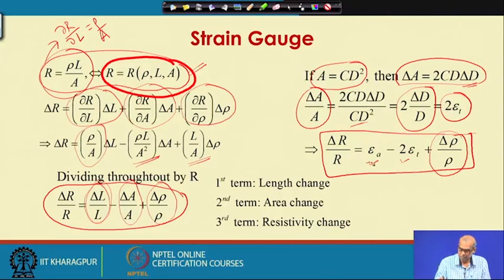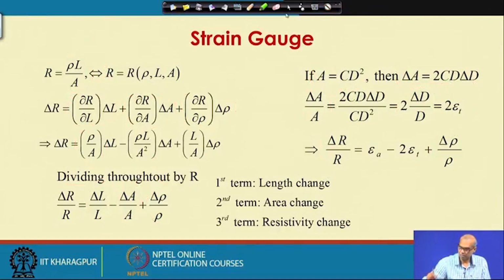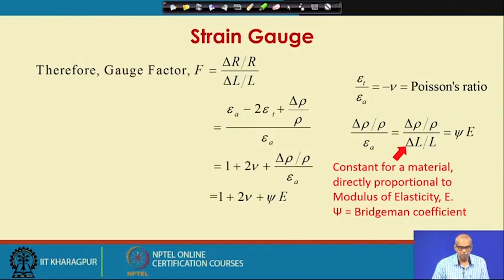So, this term represents length change, this term represents area change and this term represents resistivity change. So, now we are able to calculate the gauge factor, because now we have all the information.